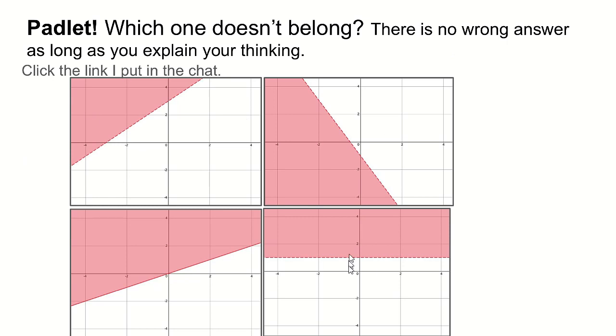So name the one that doesn't belong and name why. There's more than one answer. Okay. And if you click on the Padlet picture, you can see it up closer. And you can add your own. So when you're ready, you can just click on the little add and it will add an answer.